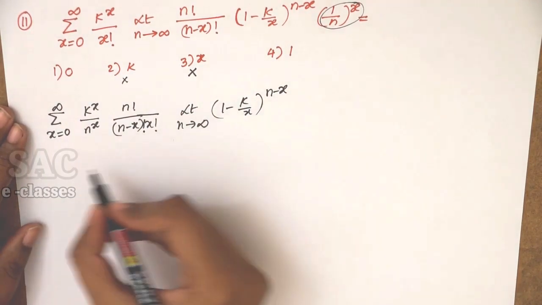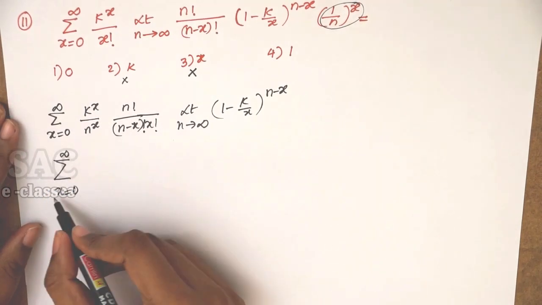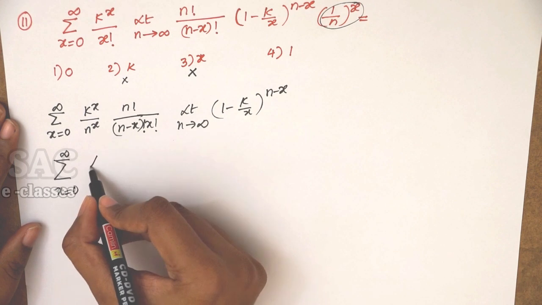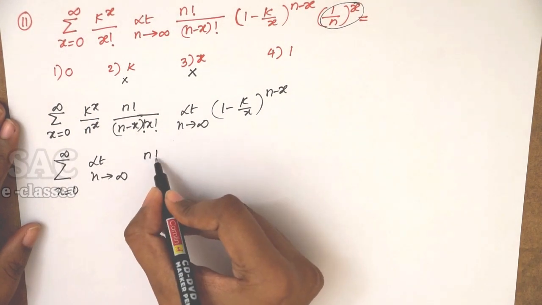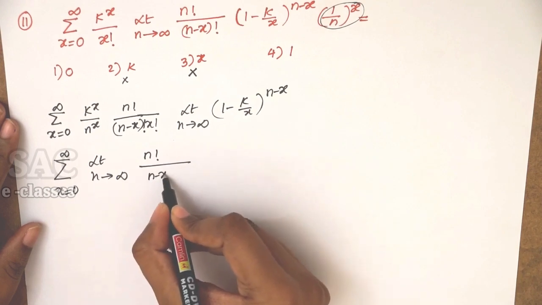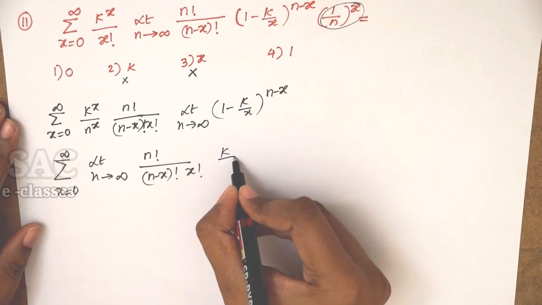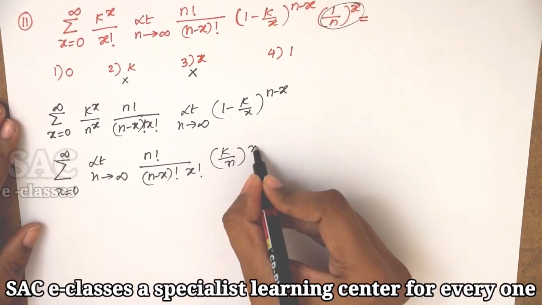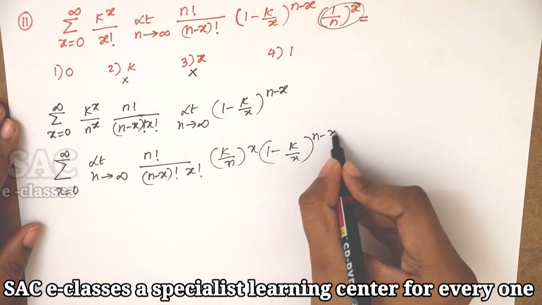To simplify it further, limit x tends to 0, sigma x equal to 0 to infinity, and limit n tends to infinity, n factorial by (n minus x) factorial into x factorial, into (k by n) whole power x into (1 minus k by n) whole power n minus x.